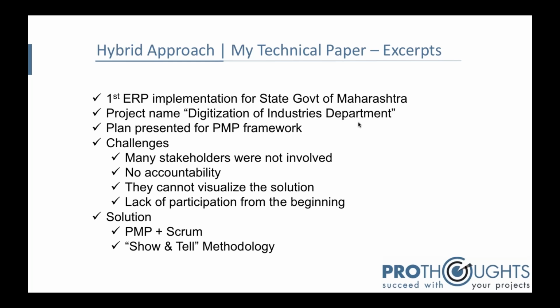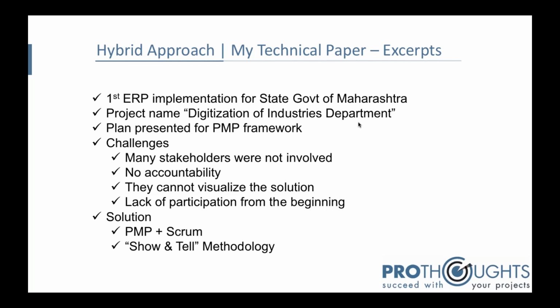There were some things which we could not do and give to them, but then we started, because these people were not getting it, and we invented a new way. Agile was not really used in India at that point of time.